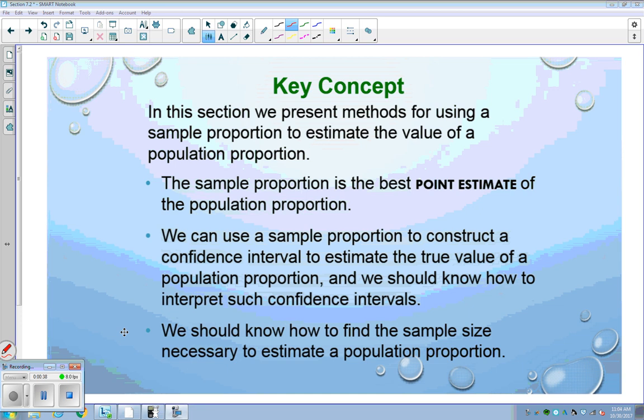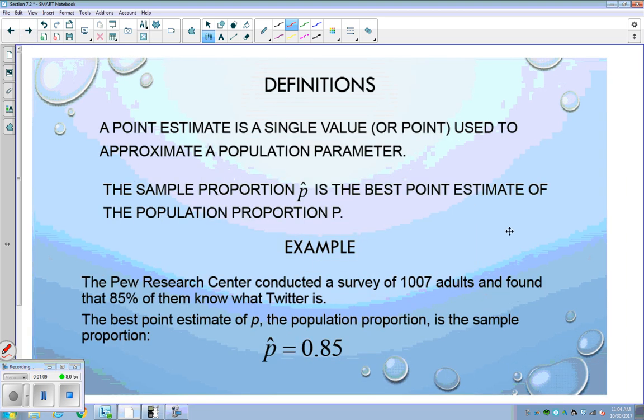Depending upon my level of confidence, that interval will give us a certain percentage of confidence that the proportion of the entire population will fall within it. And we'll also be able to calculate how big of a sample we need to estimate a population proportion. So some definitions here.